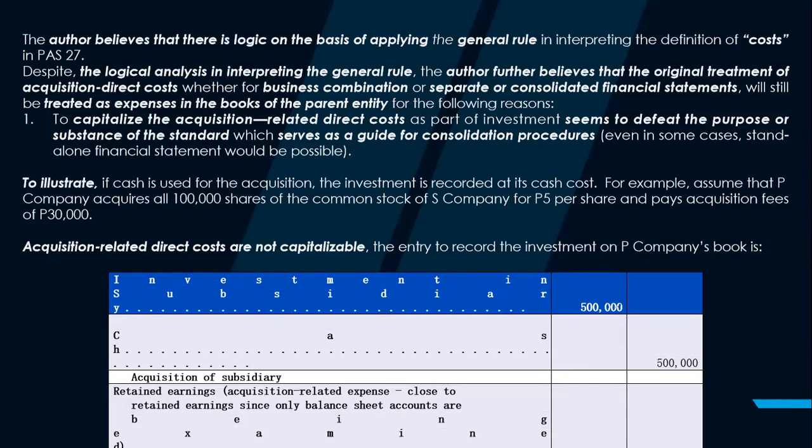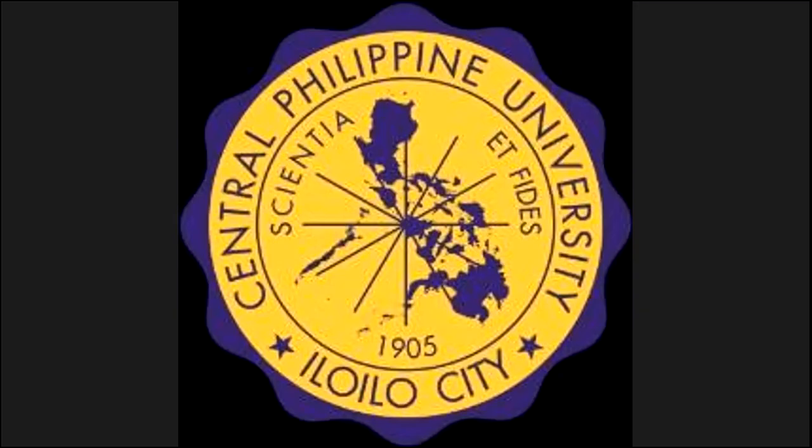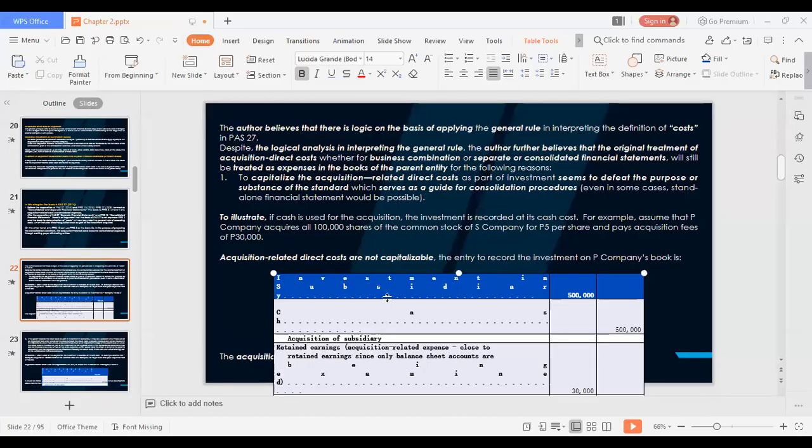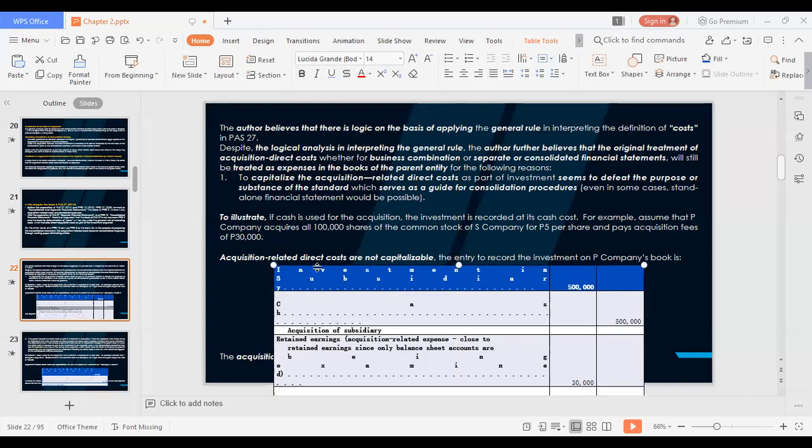So we debit retained earnings for 30,000 and we credit cash for the payment of acquisition of the subsidiary.